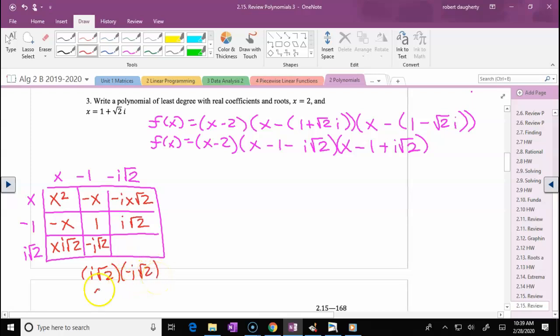Root 2 times root 2 is 2. I times negative i is negative i squared. But i squared is negative 1. So this answer is simply 2.